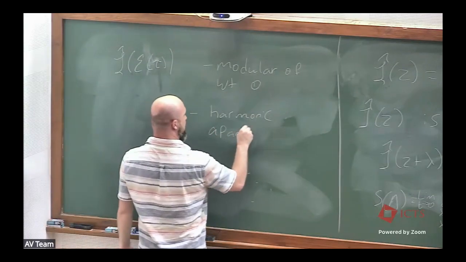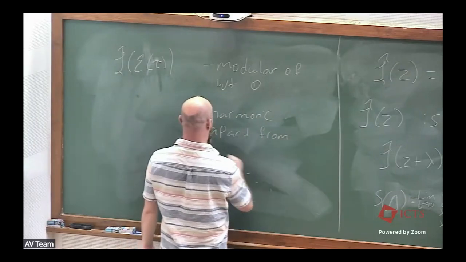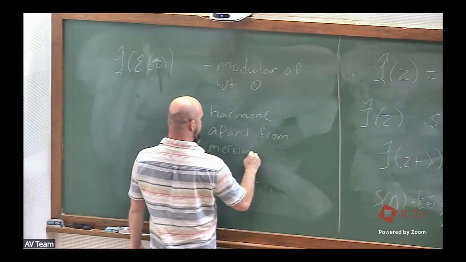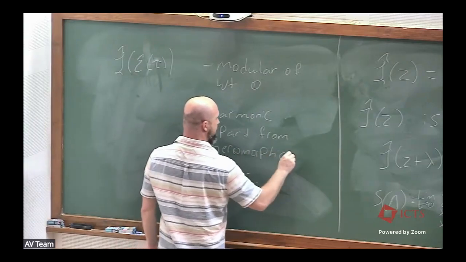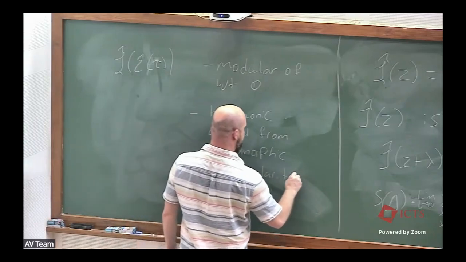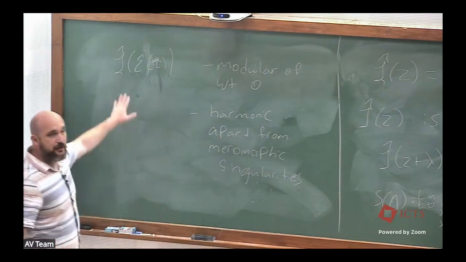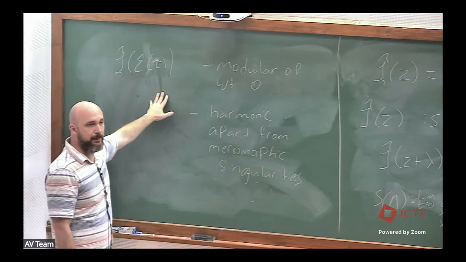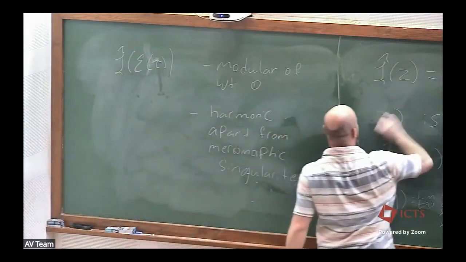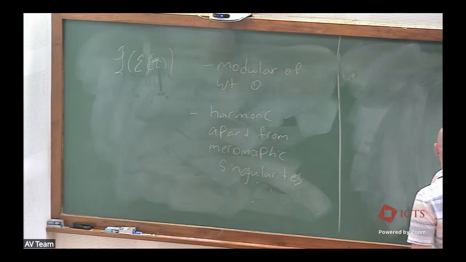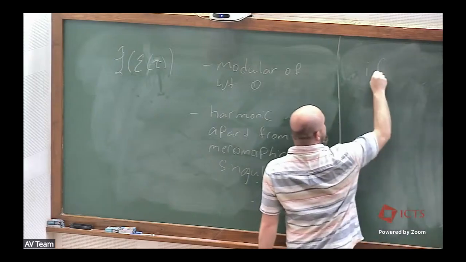Let's say apart from meromorphic singularities. Okay. And so under certain conditions, this gives us a harmonic Maass form. So let me write it this way.